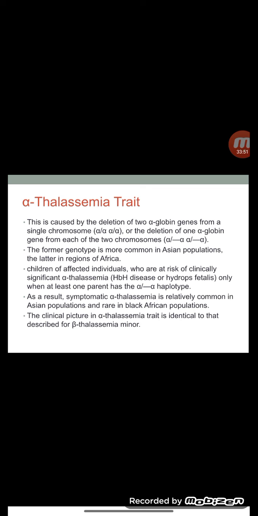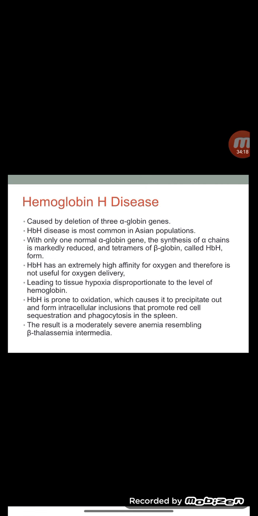Children are at risk of clinically significant alpha thalassemia, HbH disease or hydrops fetalis only when at least one parent has an alpha thalassemia haplotype. As a result, symptomatic alpha thalassemia is relatively common in the Asian population and rare in the Black African population. The clinical picture of alpha thalassemia trait is identical to that described for beta thalassemia minor.